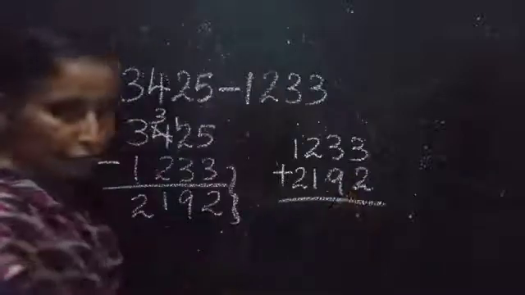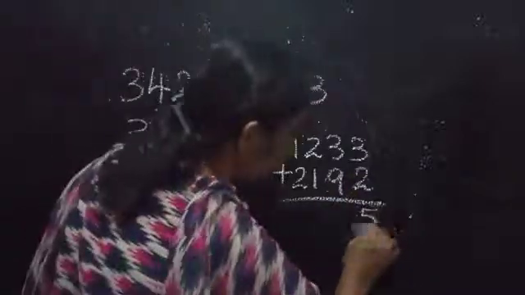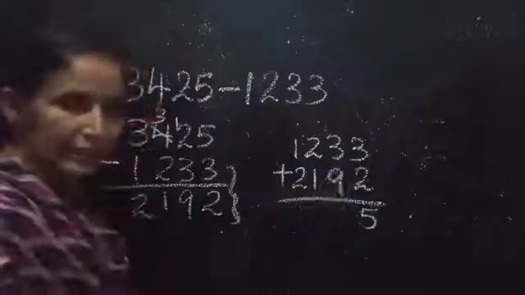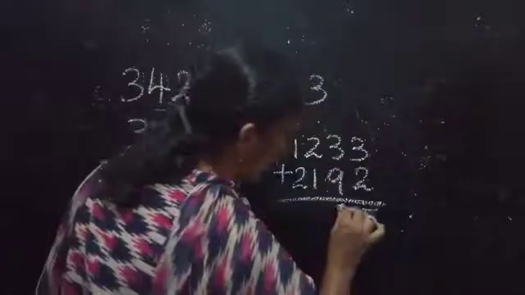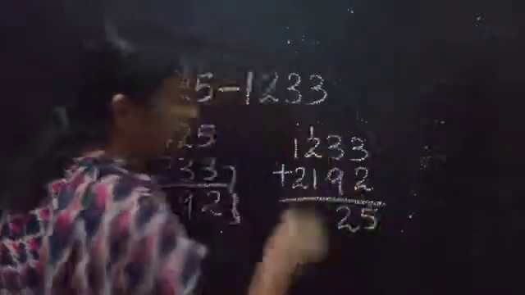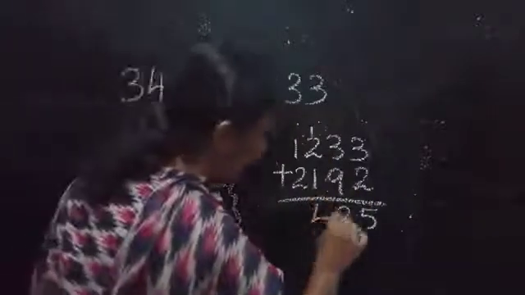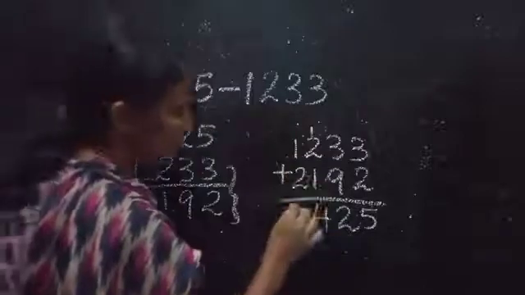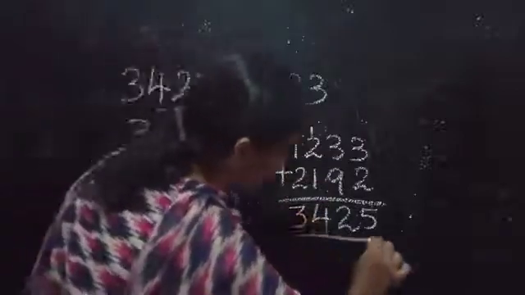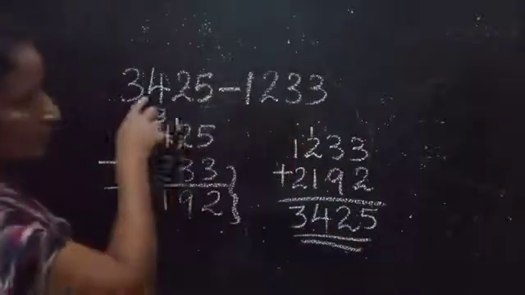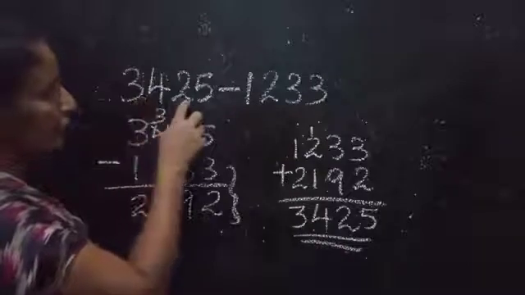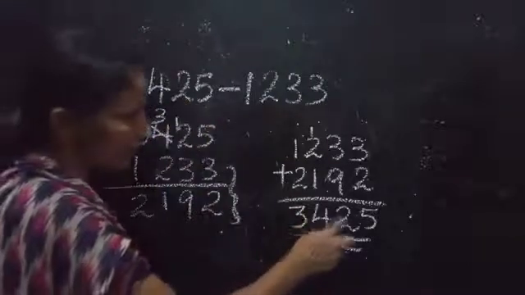3 plus 2. What is the answer of 3 plus 2? 5. 9 plus 3, 12. 1 carried over. 1 plus 2, 3. 3 plus 1, 4. 1 plus 2, 3. See, look at the answer and the question. 3425.